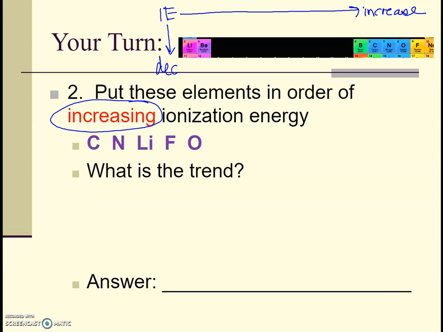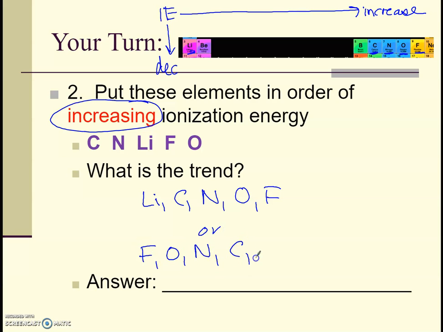Okay, so we have carbon, we have nitrogen, we have lithium, we have fluorine, and we have oxygen. Do I write them as Li, C, then N, then O, then F, or F, O, N, C, Li? I'll give you a second. I want them in increasing order.